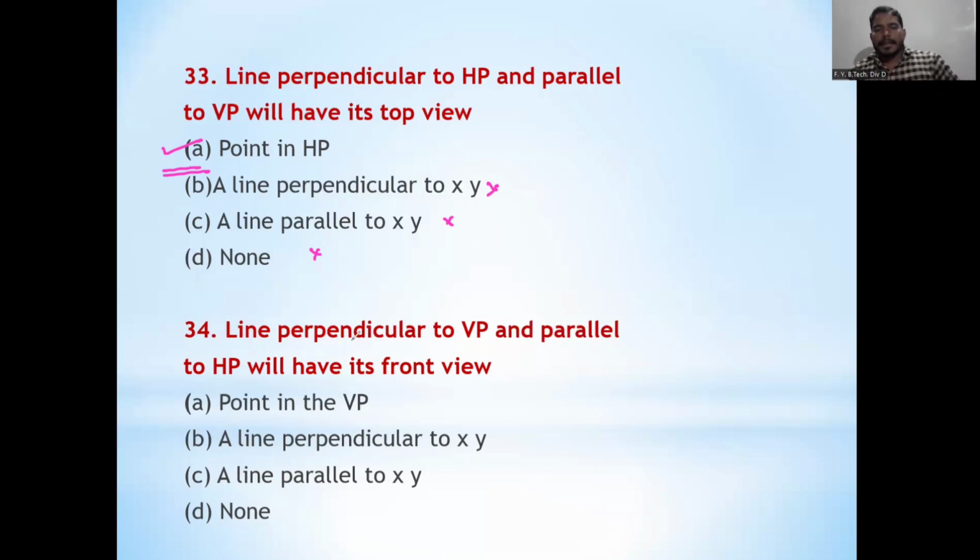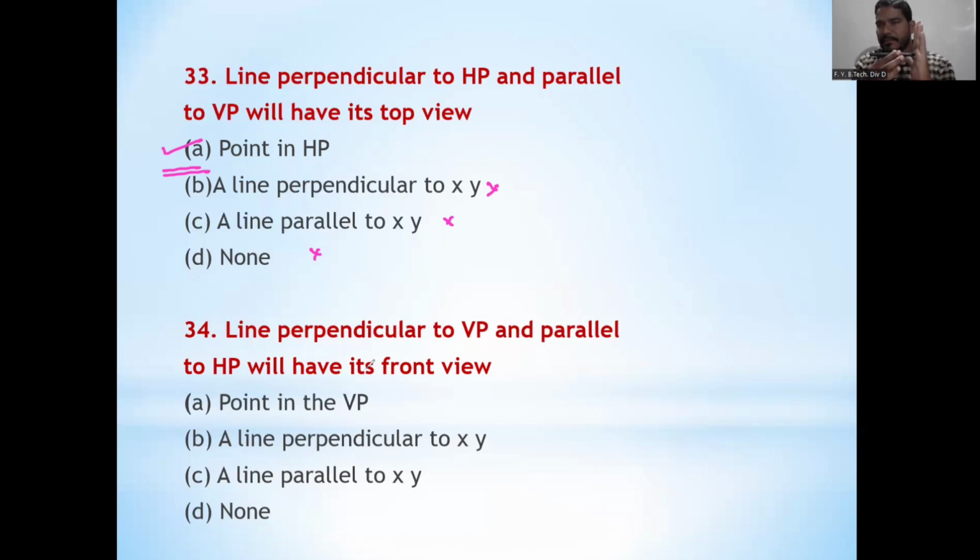Next, a line perpendicular to VP and parallel to HP will have its front view. Suppose this is our vertical plane, and this is the line which is perpendicular to the VP, and it is parallel to the HP. Then how will its front view be?